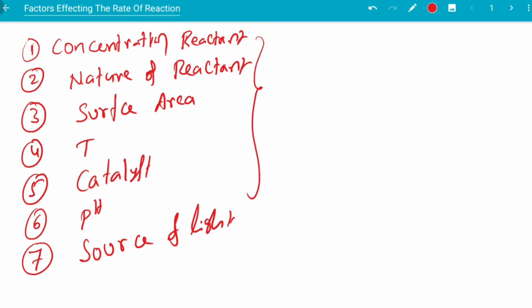These factors affect the rate of reaction. Here we discuss these factors.